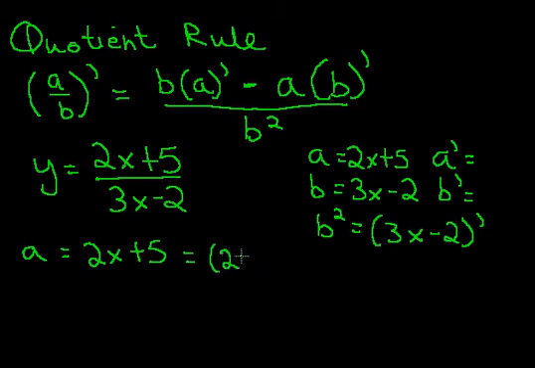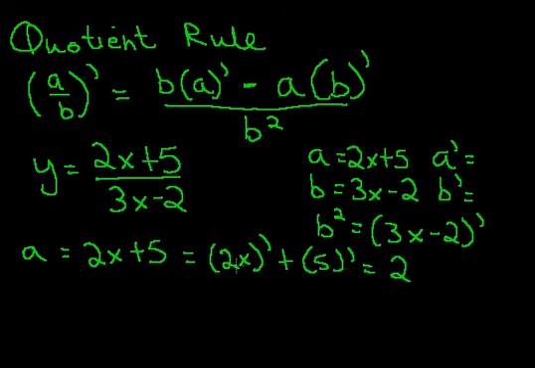So this equals (2x) prime plus (5) prime, which further equals (2x) prime. We can use the power rule that says n x to the n minus 1. n is 1 in this, so 1 comes down and it becomes x to the 0, and anything to the 0 is 1. So (2x) prime equals 2. And that's for any x.